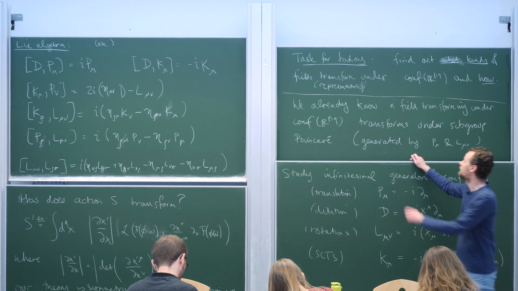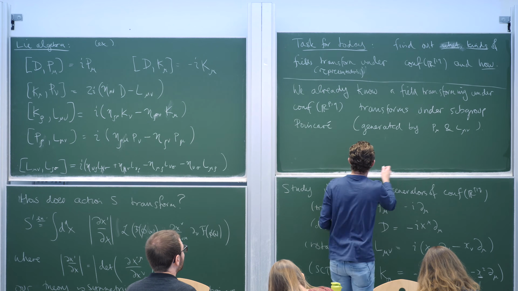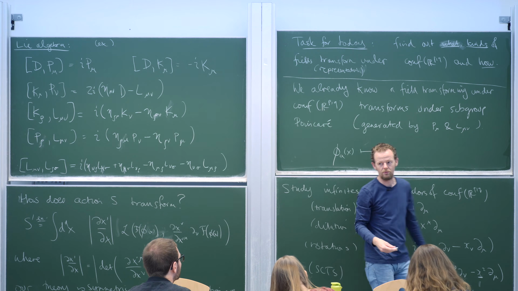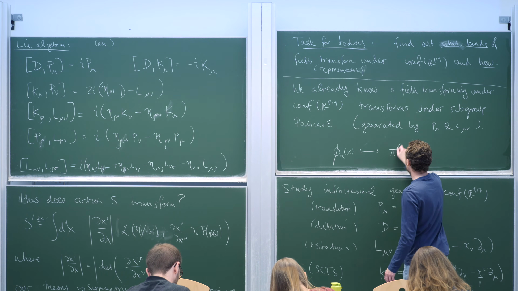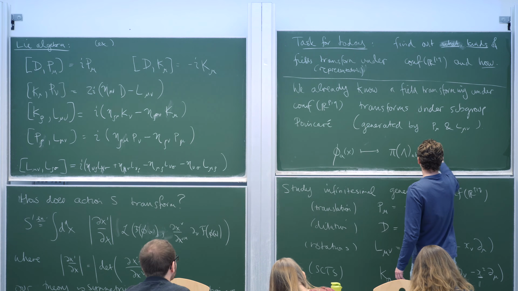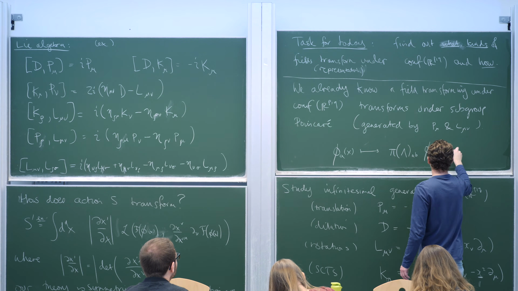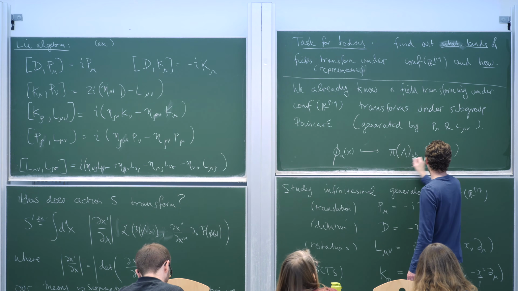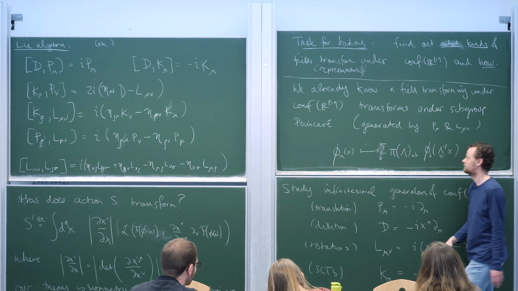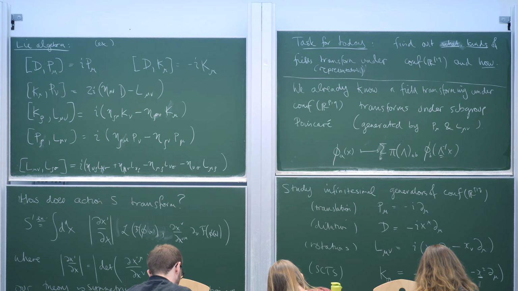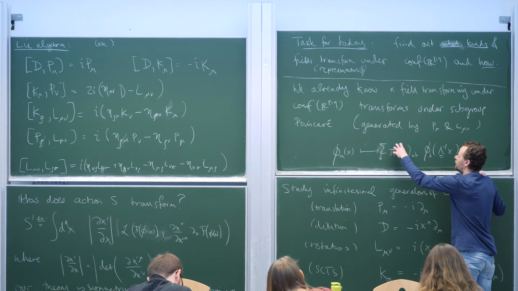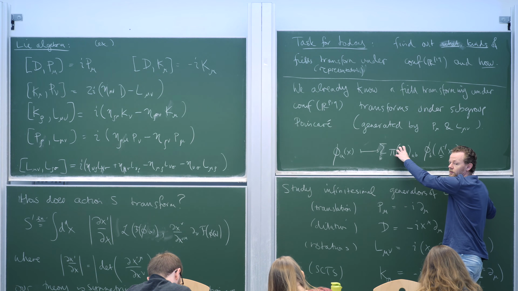If we have a field that under a general conformal transformation, here's our field with its label x, goes to pi of some lambda acting on phi at lambda inverse x, then by restricting only to Poincaré transformations, we know that this gives a representation of the Poincaré group.